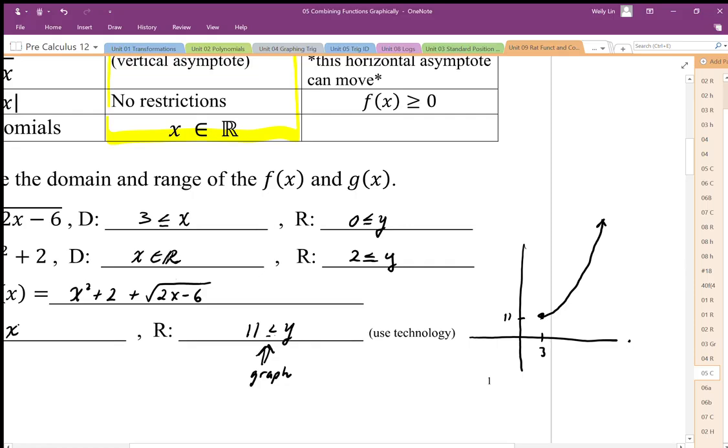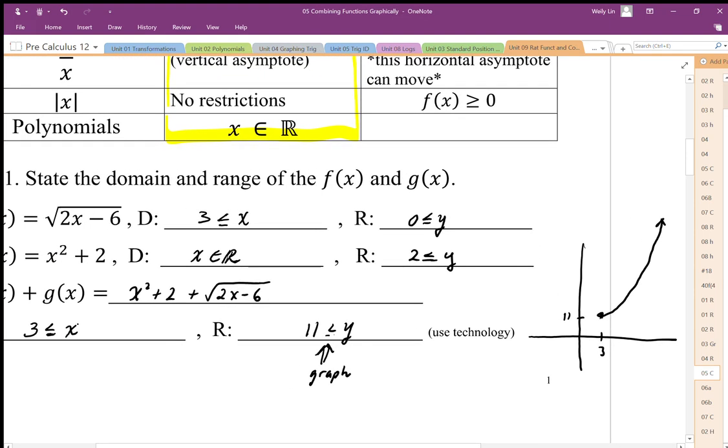And from x equals 3, we also know that the parabola is strictly increasing on that domain that we're given. So if both parts of this function are strictly increasing, we know that the whole graph is strictly increasing, so the left edge, the starting point x equals 3, must be the very bottom of the graph, and that's what we observed on our graph.